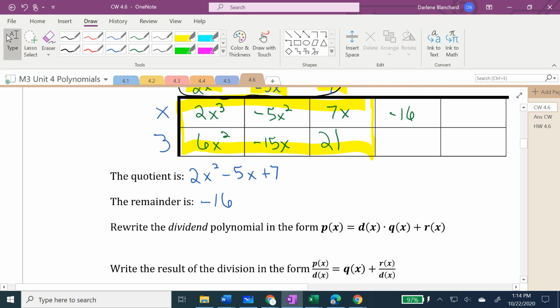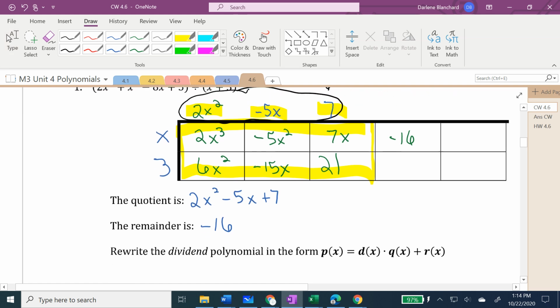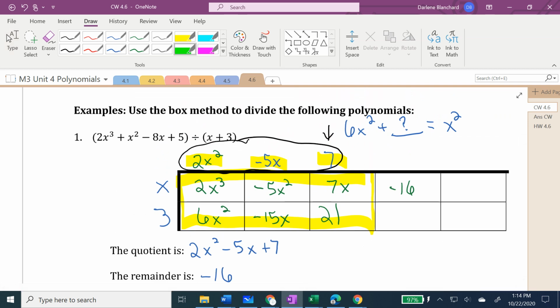And then there are two formats that you can write the answer in. You can either take the polynomial p of x, which is referring to the polynomial you began with right there. You can rewrite that polynomial.